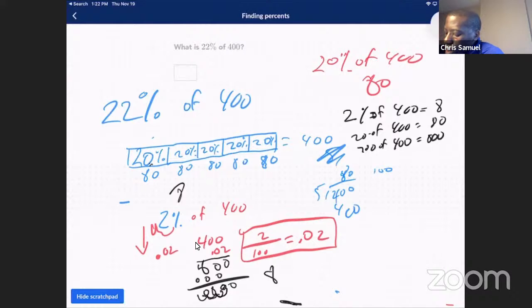So then we say 6, right? And then we bring this down here, and how many times does 20 go into 10? We say 0, and we bring a 0 down here. And now how many times does 20 go in here? We say 5. So 5 times 20 is 100. Then this will be 0.65, so 65%.